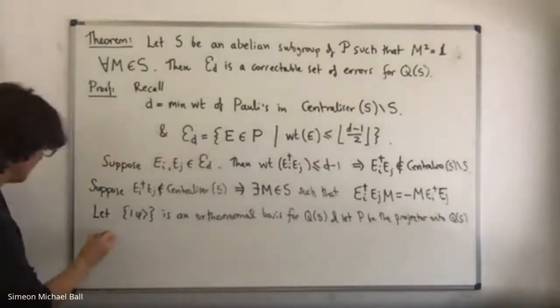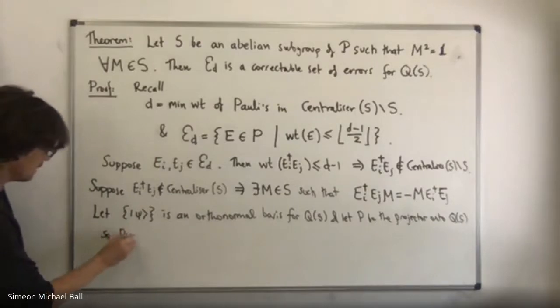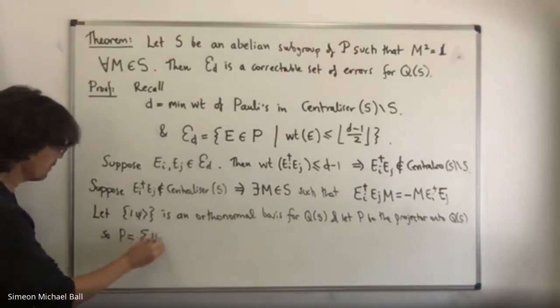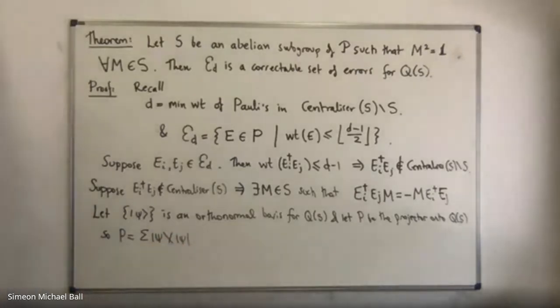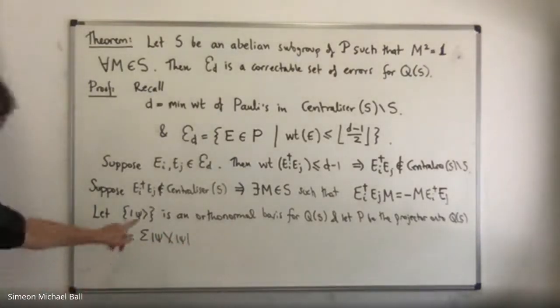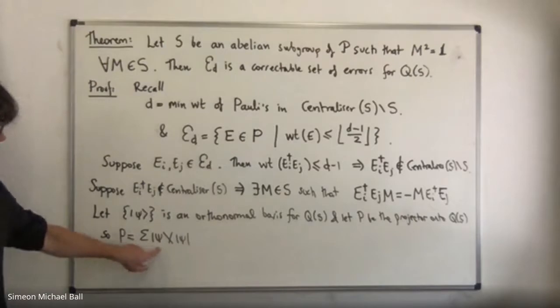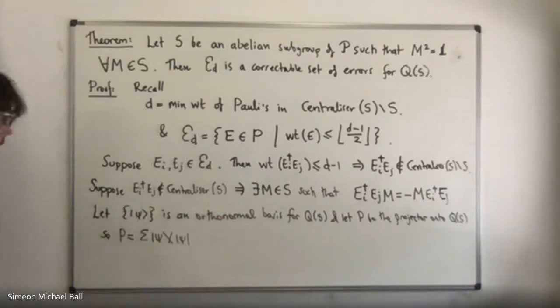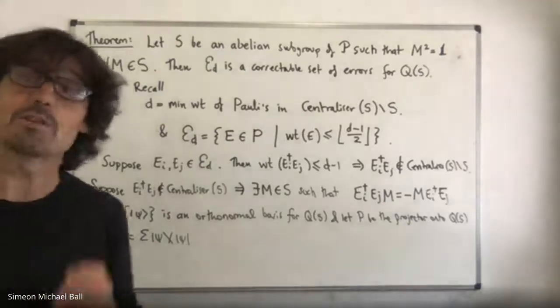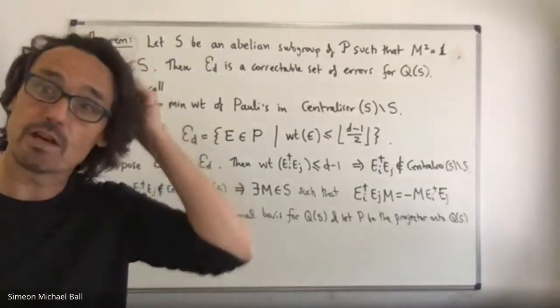So this P is the sum of the ket-bras of this orthonormal basis. So I sum over this orthonormal basis, and this operator here will project onto QS. So this is the P we saw in the theorem with the recovery map.